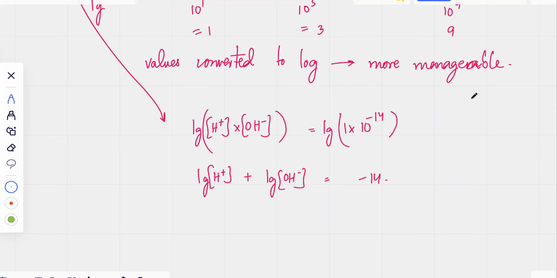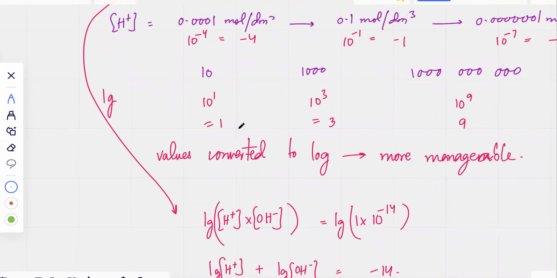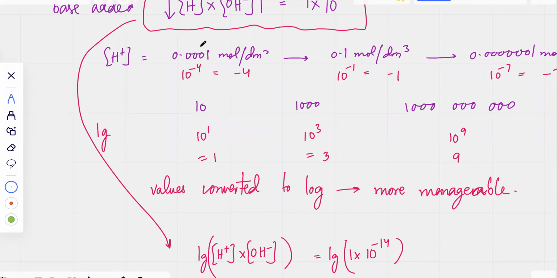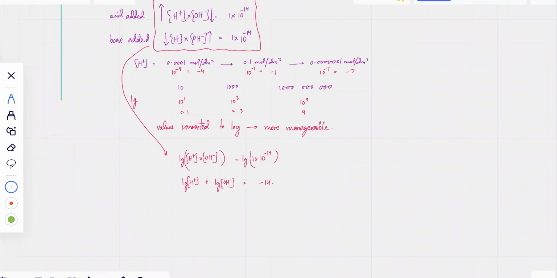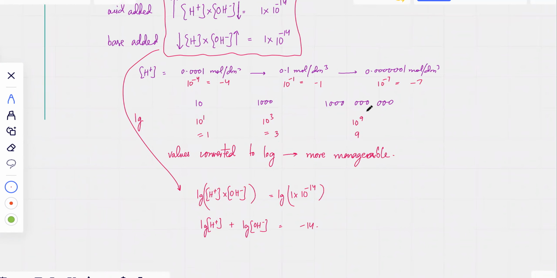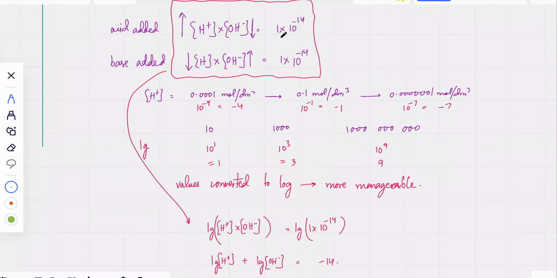Now you have this expression. One other thing is that concentrations are usually less than 1. You never get a concentration like 1000 mole per dm cube.